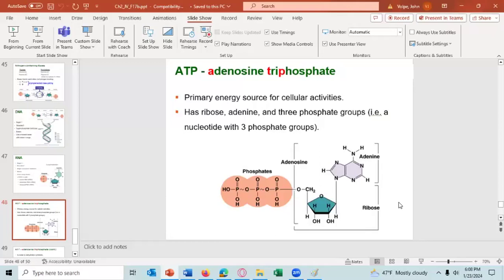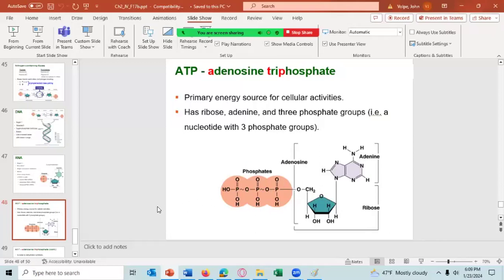Whenever a cell needs energy, it tends to get that energy from ATP. ATP is simply a nucleotide containing 3 phosphate groups. So it has the nucleotide base adenine over here, and then it has ribose right here, and then the 3 phosphates here.